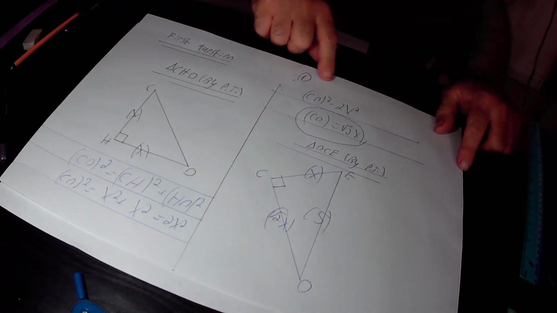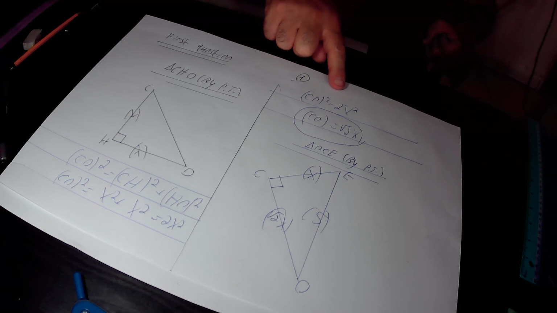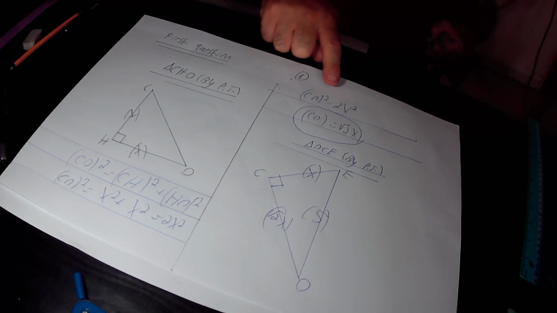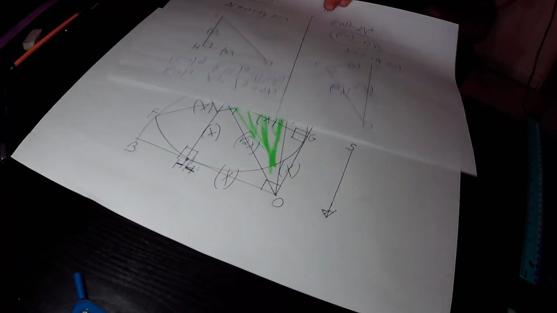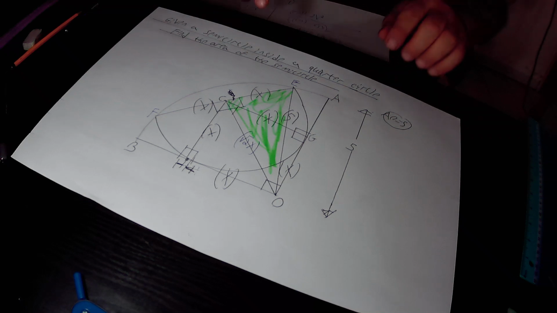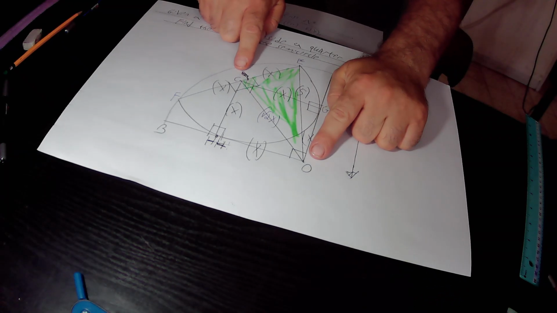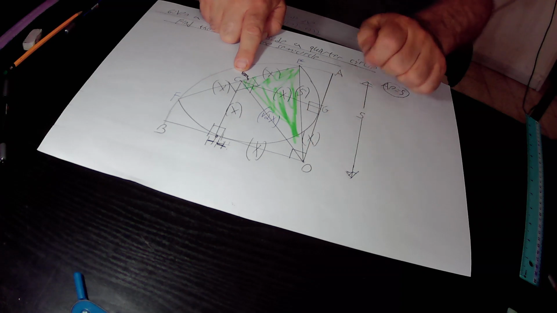We took the root of this equation and finally found that CO, the missing hypotenuse, equals the square root of 2 times x units in length.